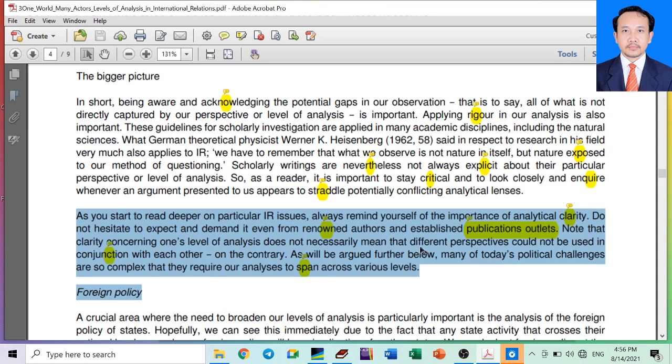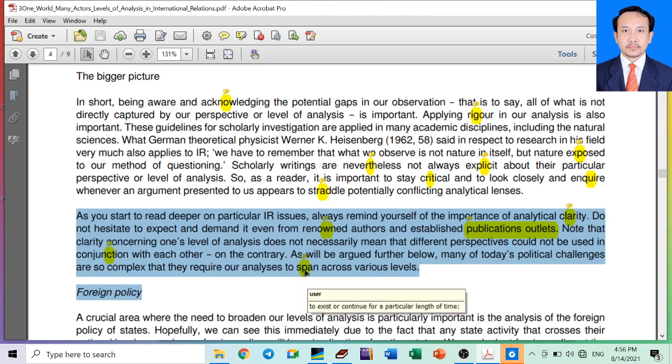Note that clarity concerning one's level of analysis does not necessarily mean that different perspectives could not be used in conjunction with each other. On the contrary, as will be argued further below, many of today's political challenges are so complex that they require our analysis to span across various levels.